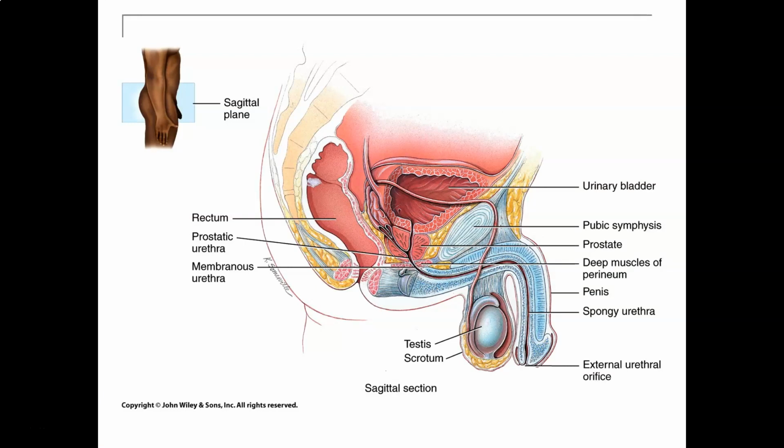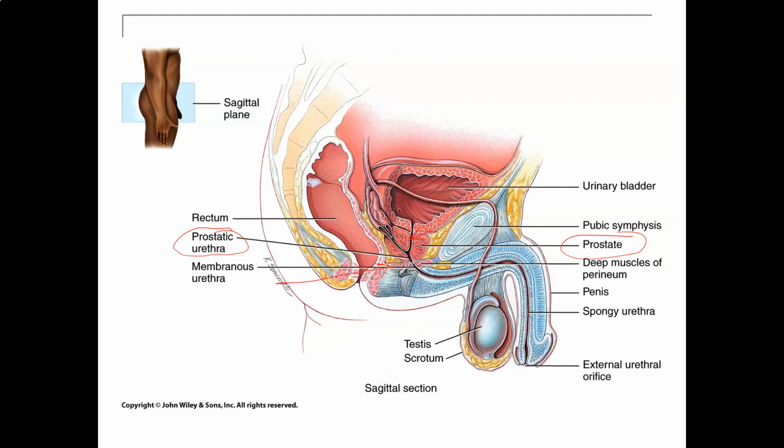So let's follow it from the bladder. So here's where it first comes out of the bladder. It goes through this gland we'll be covering with the male reproductive system soon. This is called the prostate gland. So they call the urethra that goes through that the prostatic urethra. It's going through the prostate gland. Okay, then it goes through the floor of the pelvis, called the urogenital membrane.